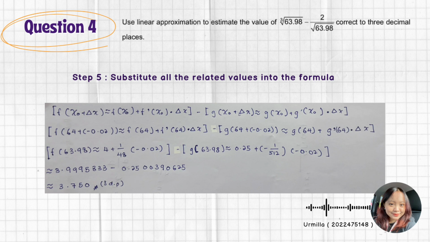After we substitute the values and calculate, we subtract the two functions, that is f(x) minus g(x). Then after we get the answer, we round it off to 3 decimal places, and the final answer is 3.750.